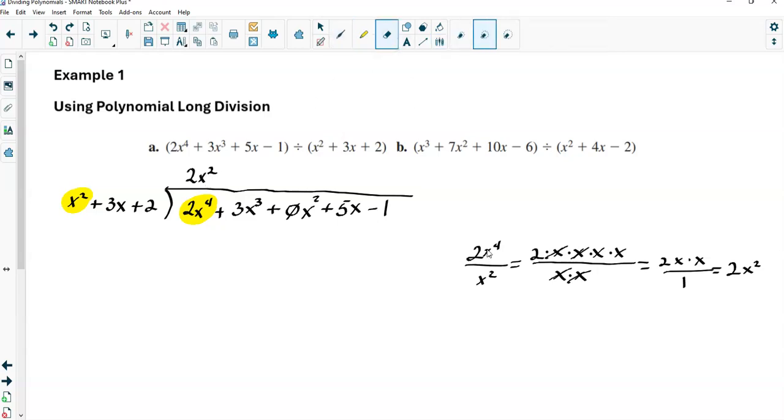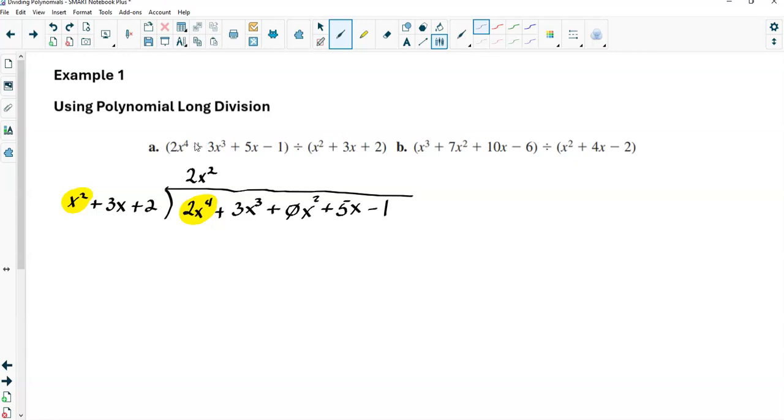Okay? The next step is you have to multiply. So 2x squared times x squared is 2x to the fourth power. Then multiply times the next term, 2x squared times 3x, that's 6x cubed. Then you have 2x squared times 2, that would be 4x squared.